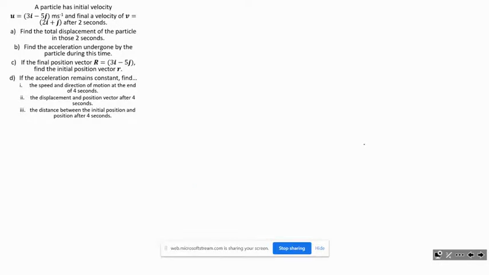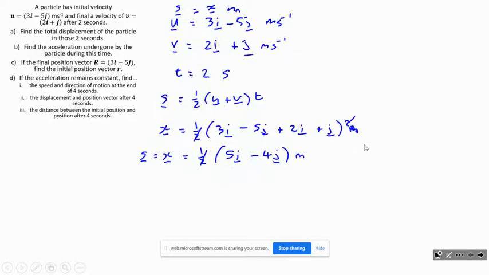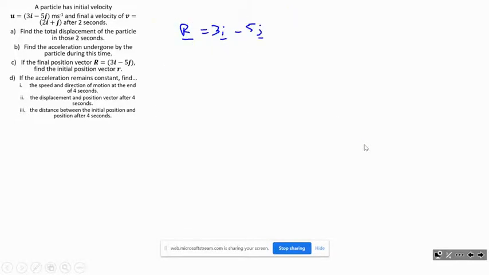If the final position is 3i - 5j, and we know from earlier on that our displacement during those 2 seconds is 5i - 4j. Our displacement was 5i - 4j. Our initial position vector is going to be our final position, take away our displacement.